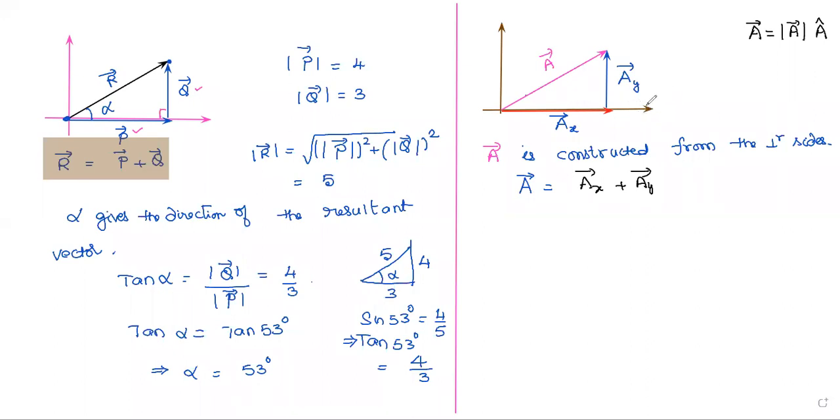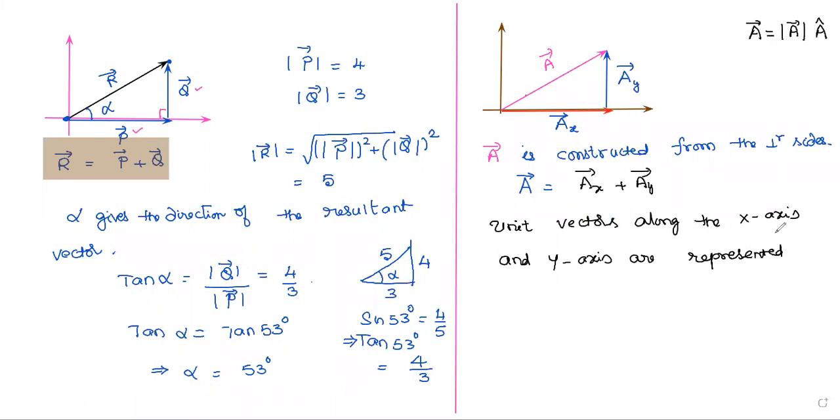Then for my sake, to remember easily, I am taking the unit vectors along the x-axis and y-axis, meaning along the red line and along the blue line, represented as I and j.